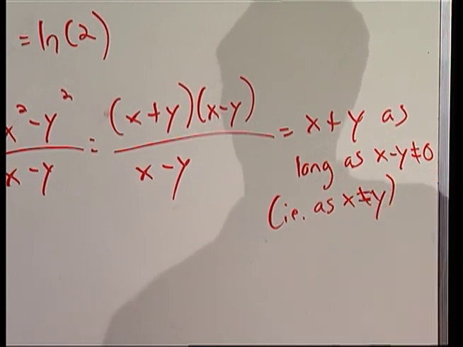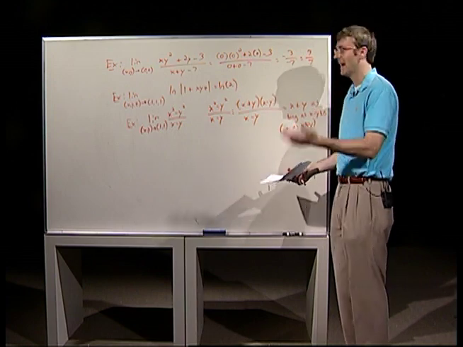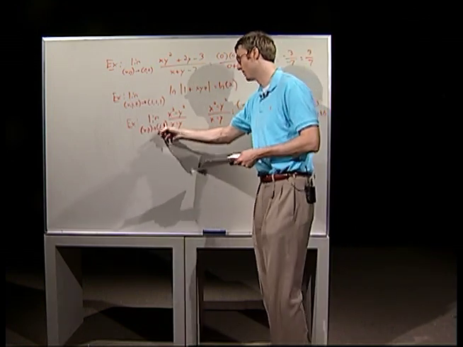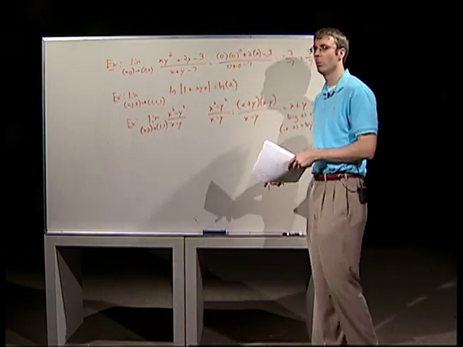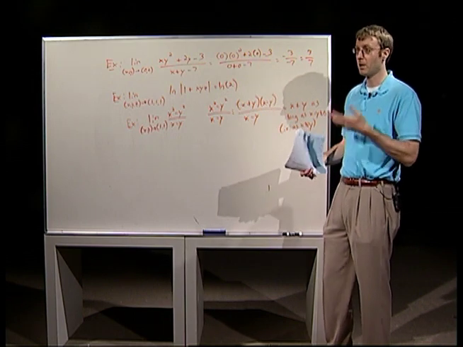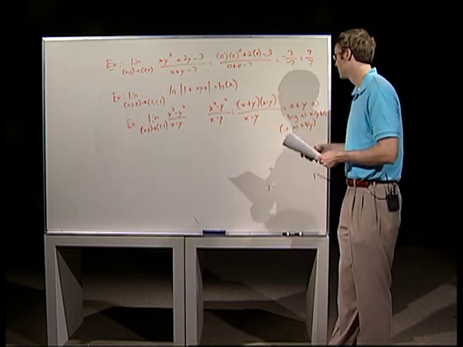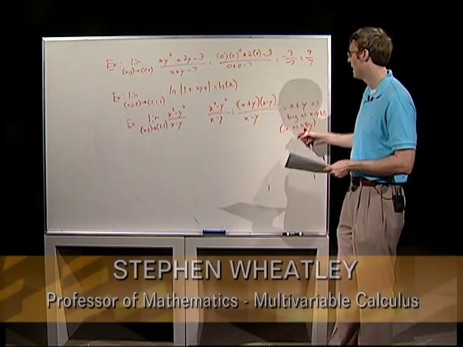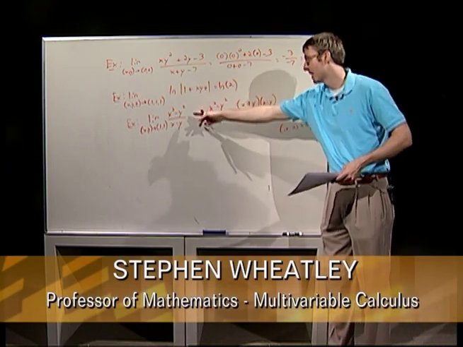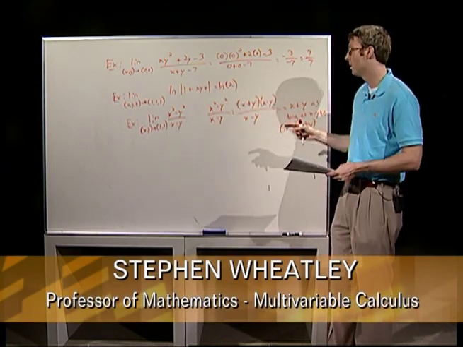Well, remember, the thing that limits don't care about is the point in question. In other words, the limit doesn't care what's happening at 1, 1, only what's happening as you get closer and closer to it. So as long as x is not y, this expression simplifies to x plus y.